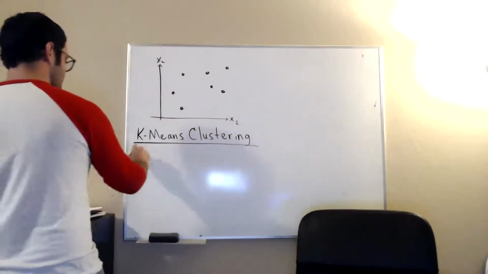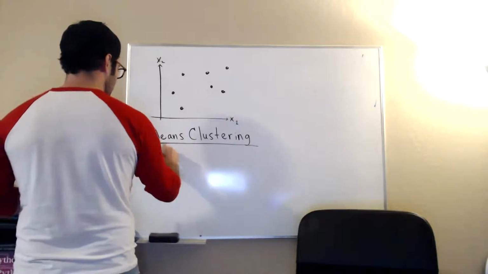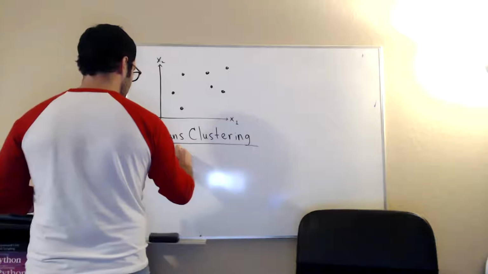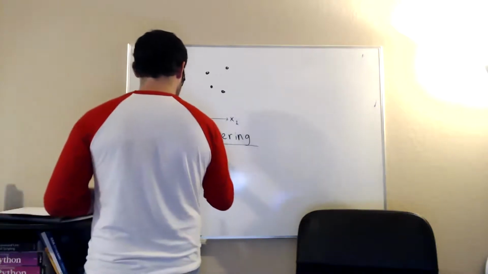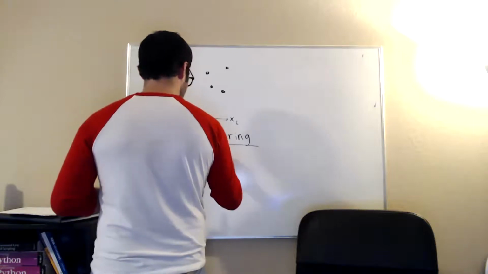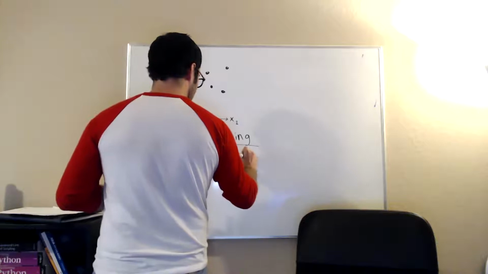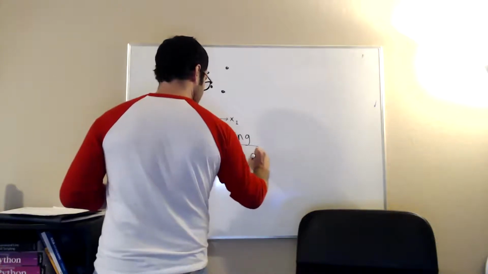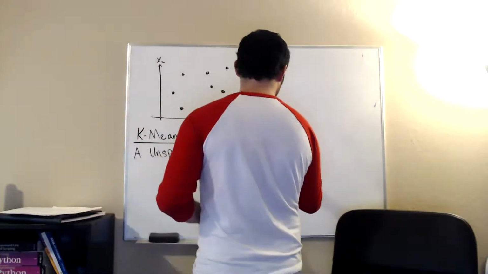Okay, so this is an unsupervised learning algorithm, meaning that our input is a collection of feature vectors with no corresponding label.